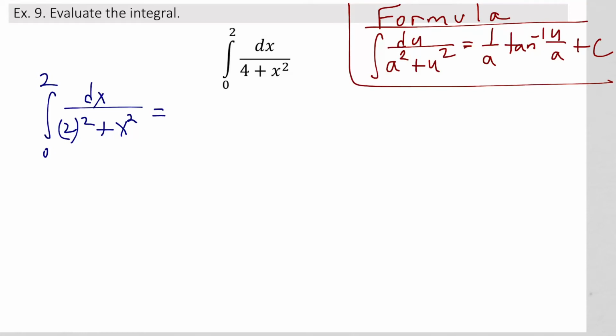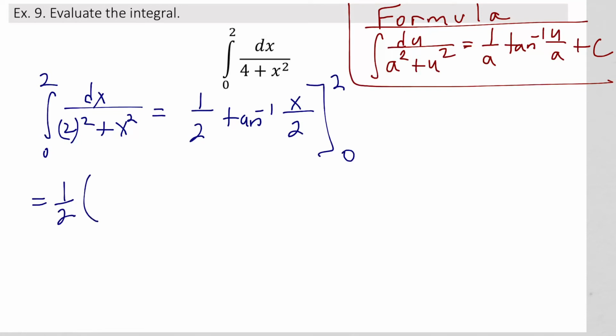All right, so we said a was 2. So just subbing in, I've got 1 over 2 inverse tangent of x over 2, evaluated between 0 and 2. Okay, so now I can say I've got 1/2 times the inverse tangent of 2 over 2 minus the inverse tangent of 0 over 2.